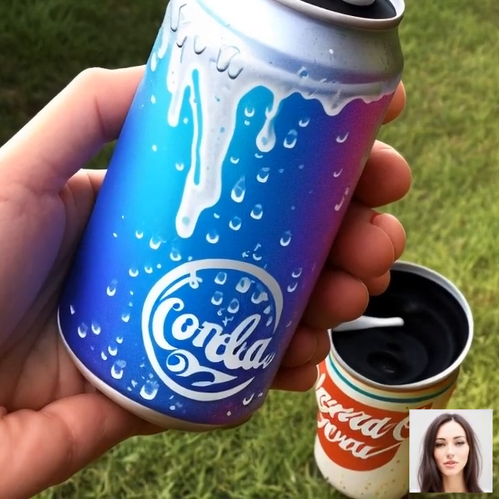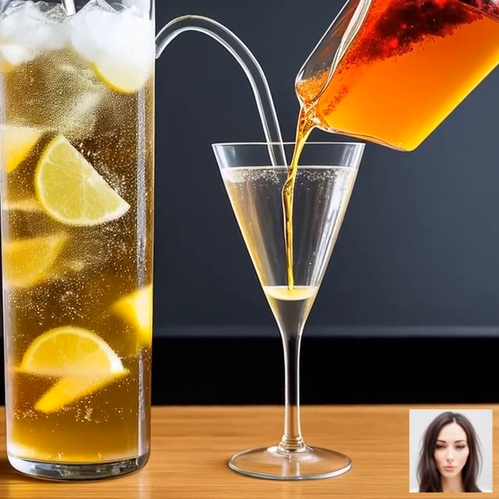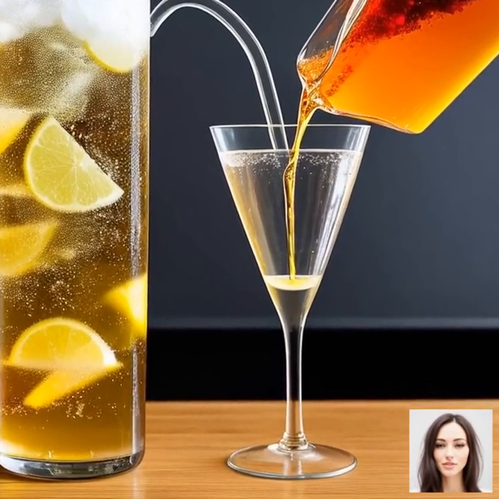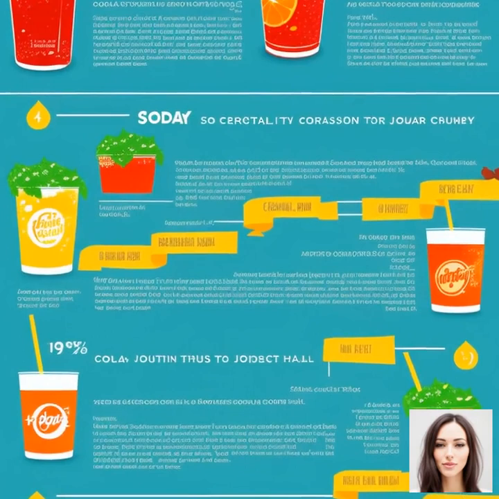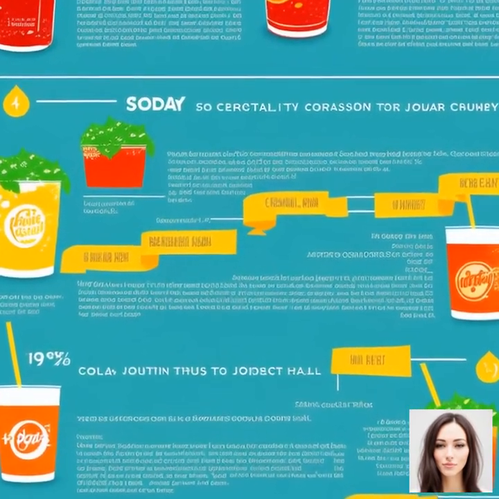Only the batches that pass this stringent quality control process make it to your local store's shelves. So, the next time you open a can of your favorite soda, remember the journey it took to get to you. It's quite the process, isn't it?